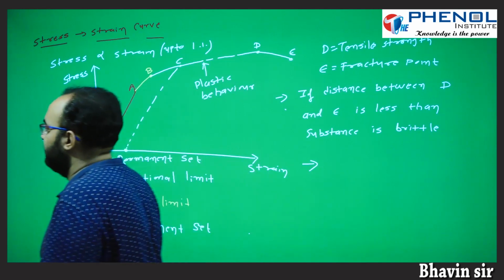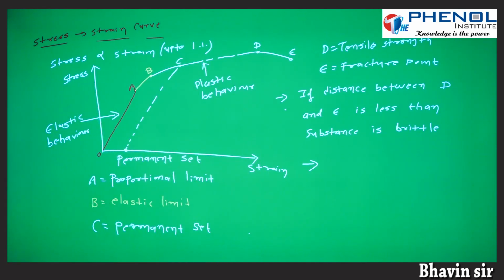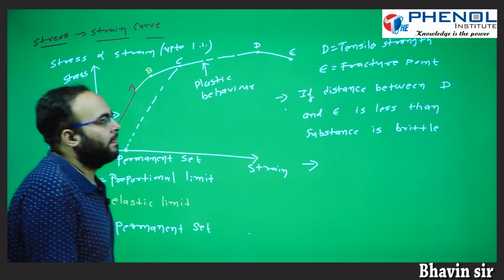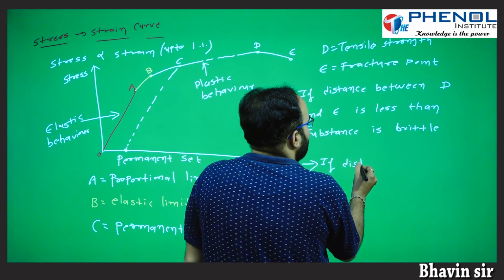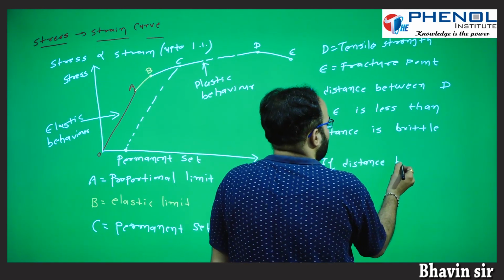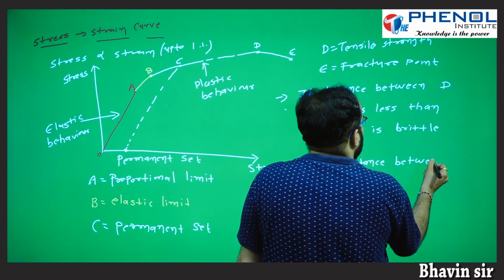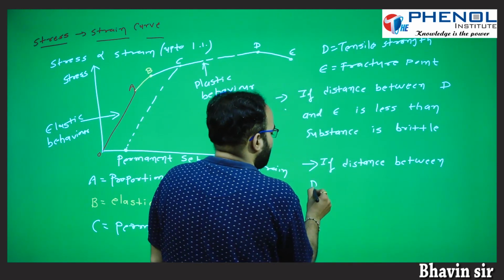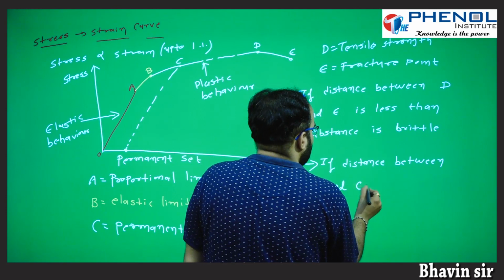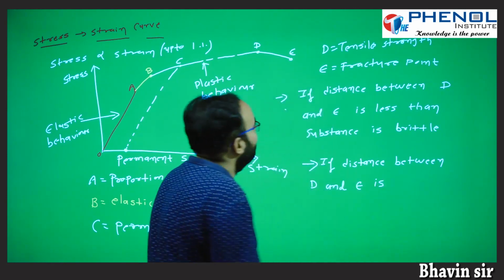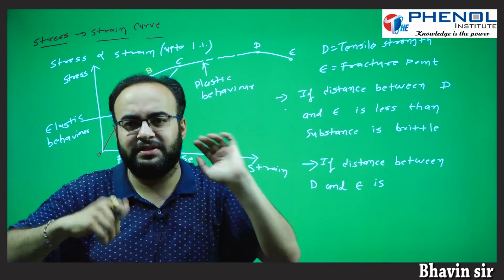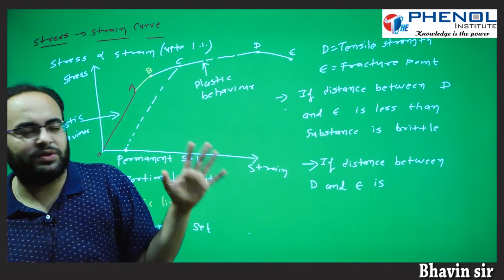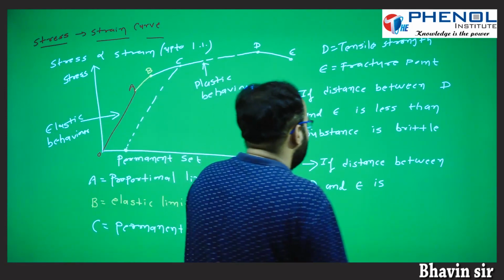If the distance between D and E is large, then the substance is ductile. It means that after point D, at a large distance, the substance breaks, then the substance is known as ductile, strong.